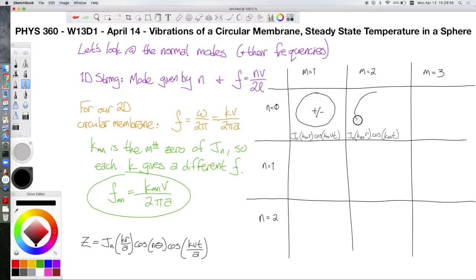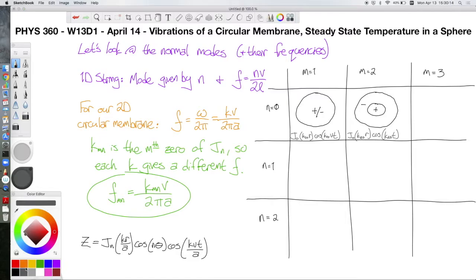And in terms of the circular membrane, that means that at the edge of this membrane, there will be the second zero of the Bessel function, which means somewhere partway out to a, there is the first zero of the Bessel function. So we'll have two distinct regions here, both oscillating up and down, but in opposition to each other. So while this inner circle here is at its maximum height, this outer circle here is at its minimum height, or a negative displacement.